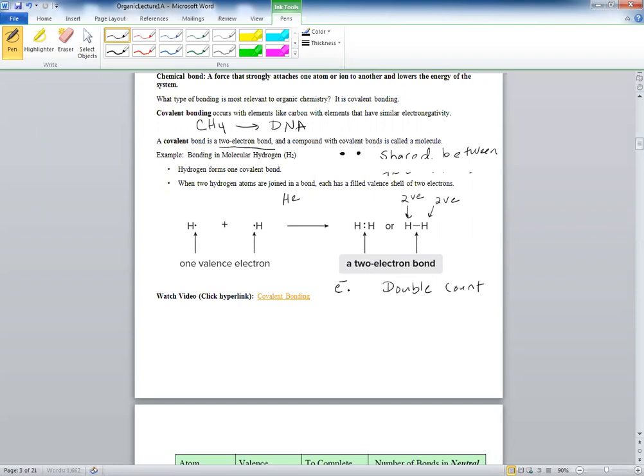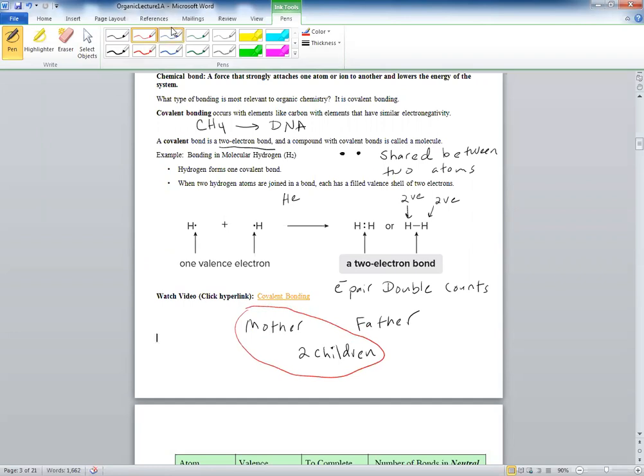The electron pair double counts. Think of it this way. There's a mother and a father, or two parents, and they have two children. The mother is going to say, when asked, how many children do you have? I have two children.